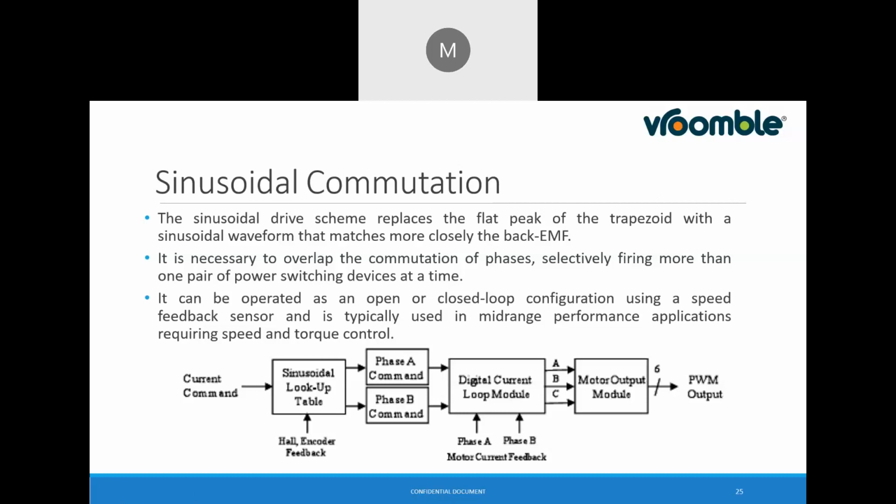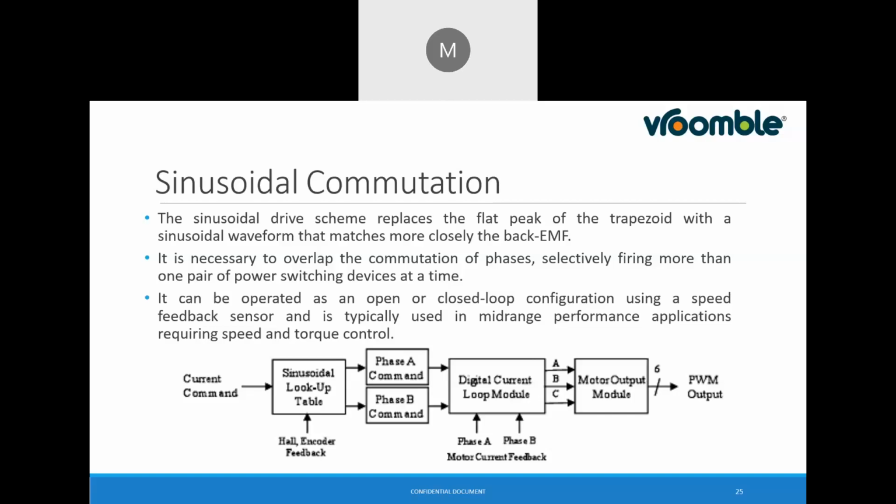In sinusoidal commutation, the sinusoidal drive scheme replaces the flat peak of the trapezoid with a sinusoidal waveform, and that matches more closely to the back EMF. Now it is necessary to overlap the commutation of phases, selectively firing more than one pair of the power switching devices at one time.